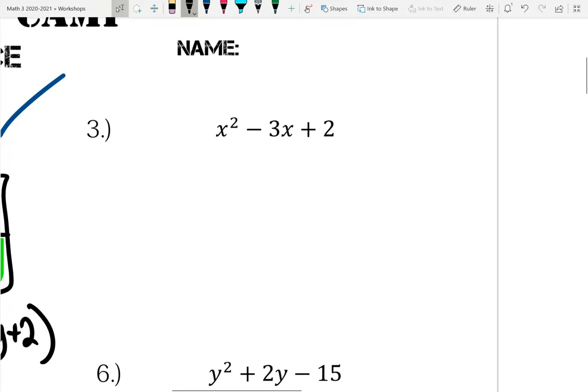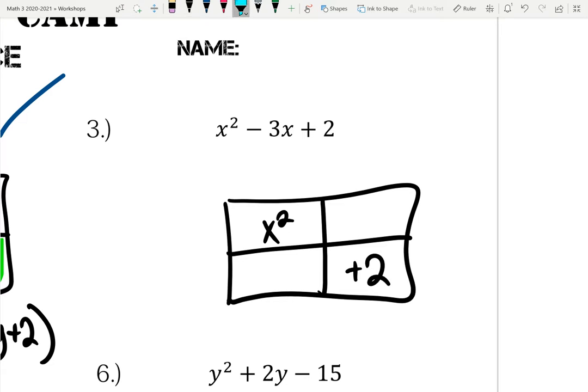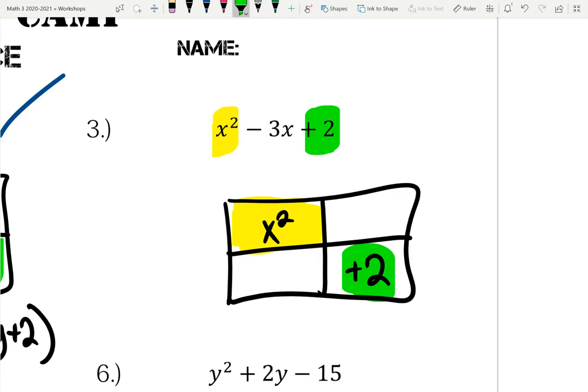Okay, I have x squared and positive 2. Notice, again, before I even really process, I know that this is going to help jumpstart my thinking in order to figure out what combinations can even lead to this negative 3x. So x times x results in x squared.